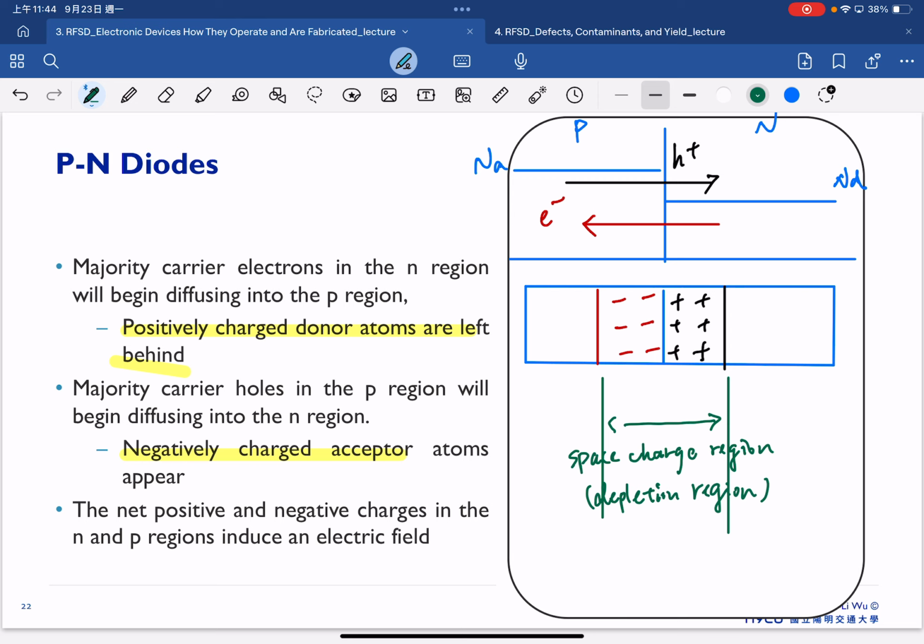So now, because we have the space charge region here, with the positive charge and the negative charge, naturally this positive and negative charge will start to form an electric field in this direction. So we will start to have the E field in this direction.